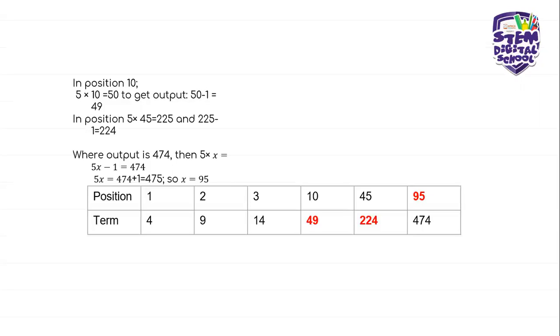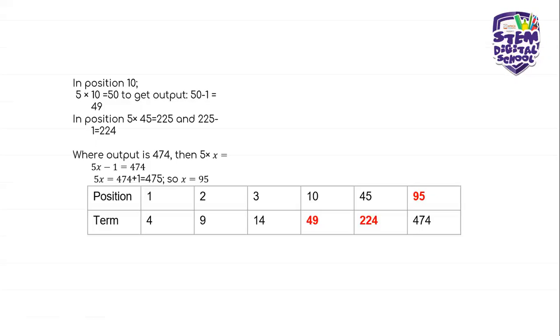Why do we use this rule? This rule has to be used because it can help us to find terms which are bigger terms. For instance, if I were to say to you, what will be the term in position 1000, just as an example.